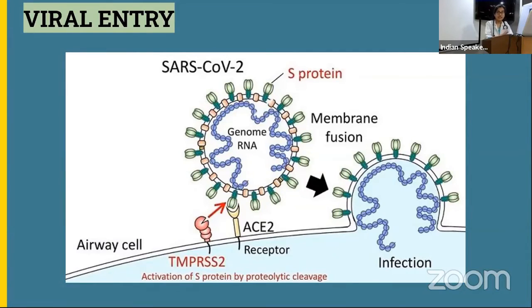The protease enzyme named TMPRSS2 is also present on the host cell membrane, which cleaves the S protein and aids in the fusion of the viral envelope with the host cell membrane. This fusion is essential for the entry of the virus in the host cell, which happens via endocytosis.